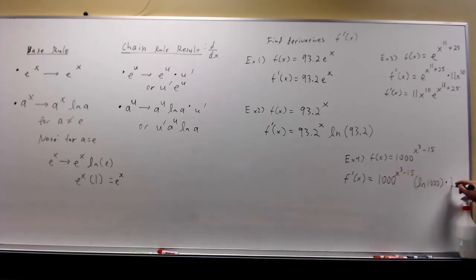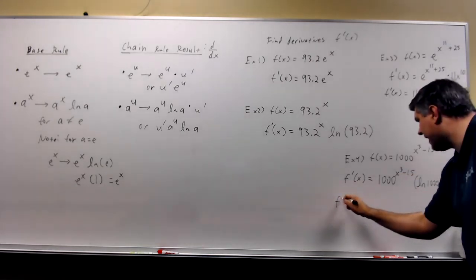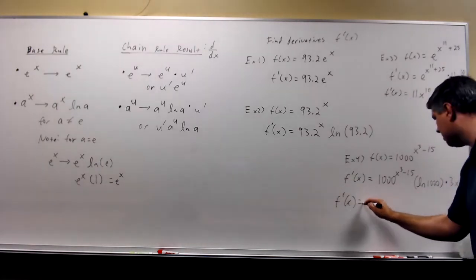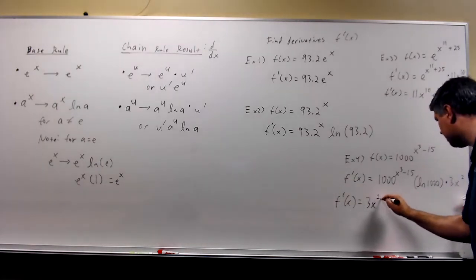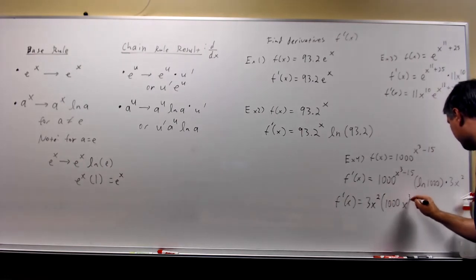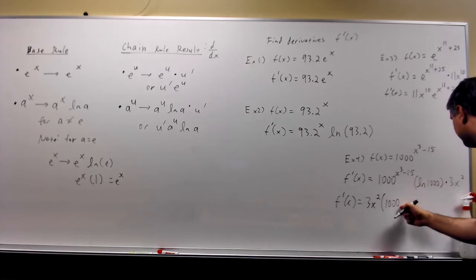So that'd be 3x squared. So f prime of x could be written as 3x squared times 1,000 to the x cubed minus 15 as an exponent.